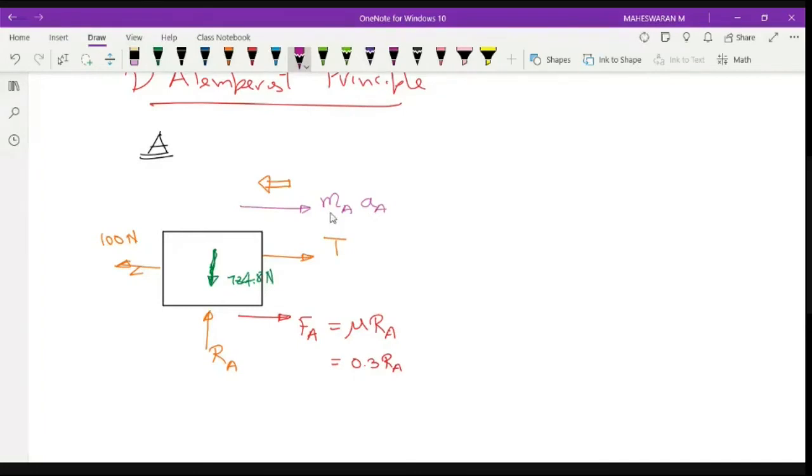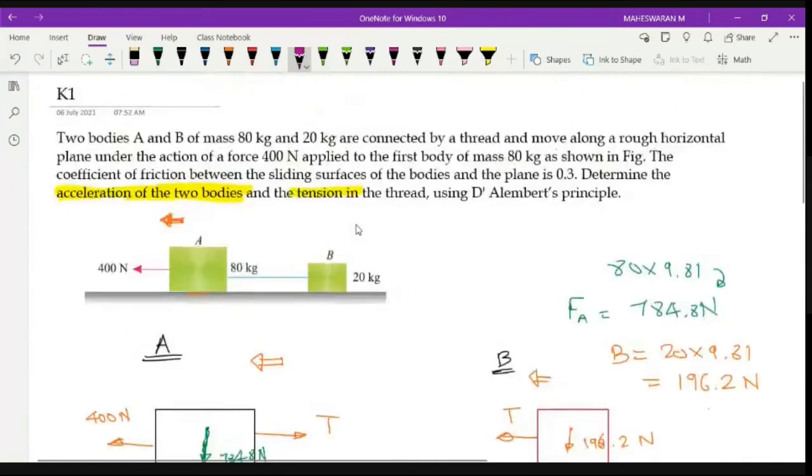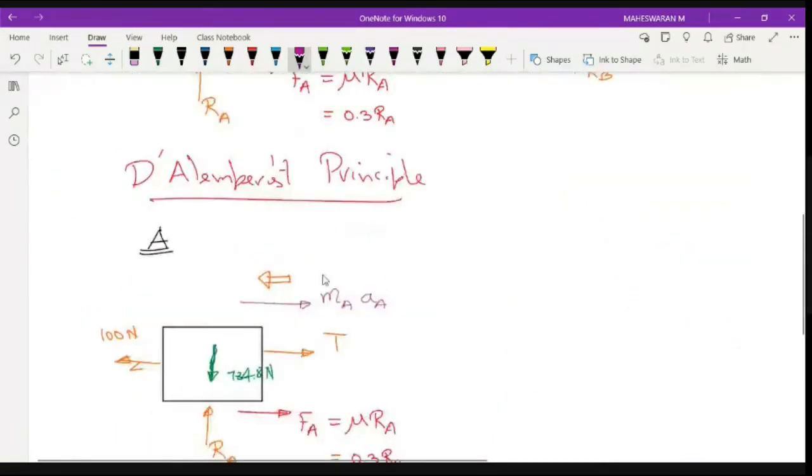So mass of block A and acceleration of block A. What is the mass of block A? The mass is just 80, so we can write this as 80 aA, right? That is my opposite force.